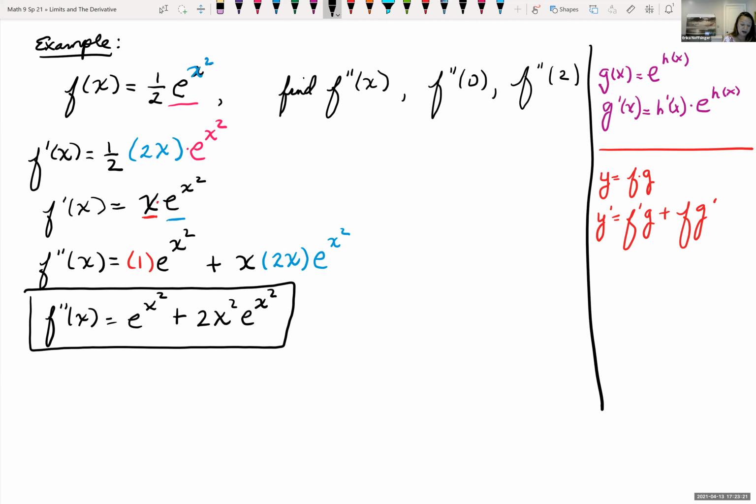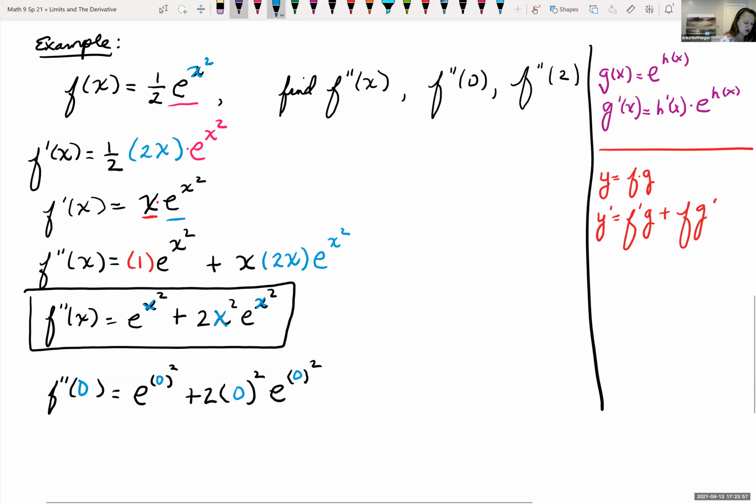So now to evaluate that second derivative at 0. Going into our second derivative, wherever we see an x, we're going to plug in 0. So this is equal to e raised to the 0 squared, plus 2 times 0 squared, and then e raised to the 0 squared. Well, a number other than 0 that is raised to the 0 is always 1.